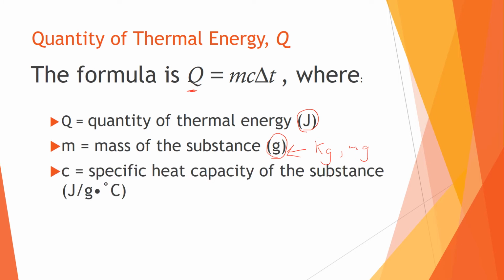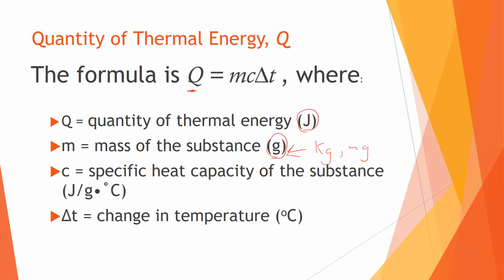Okay, and then C is the specific heat capacity of a substance, and it is joules per gram degree Celsius. Okay, and again, each substance has a specific heat capacity that's been calculated. And if you're ever asked to calculate Q, you'll be given the C for the particular substance. Okay, and like I said, it's a constant.